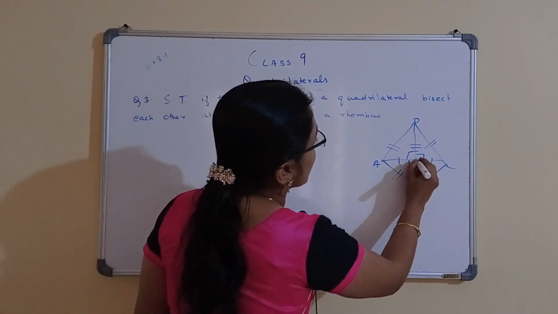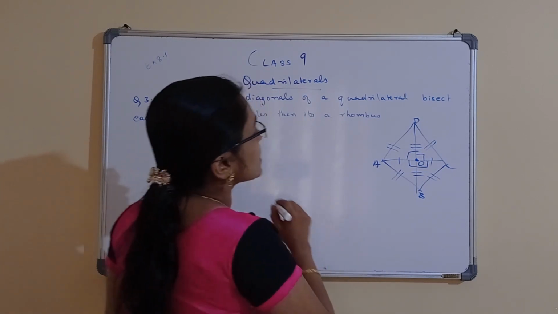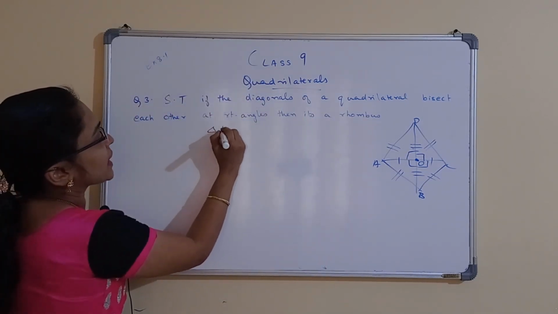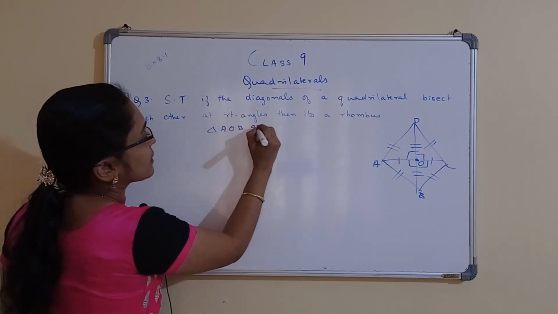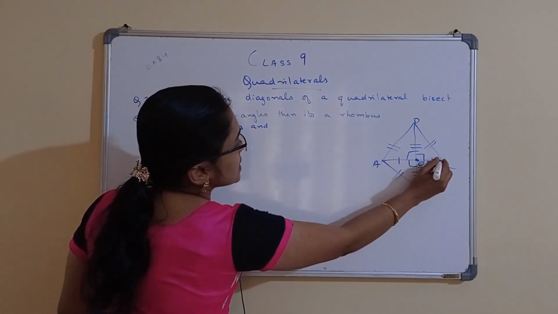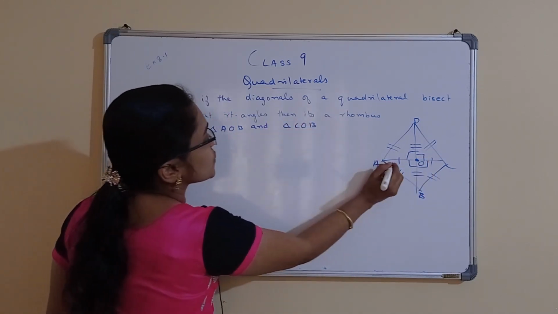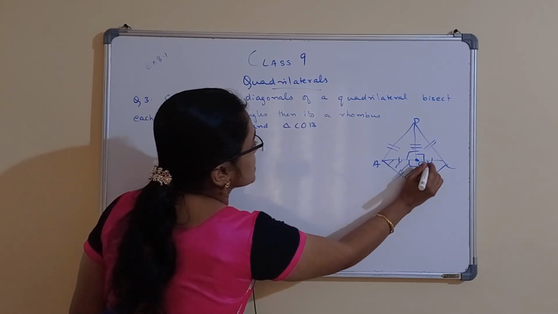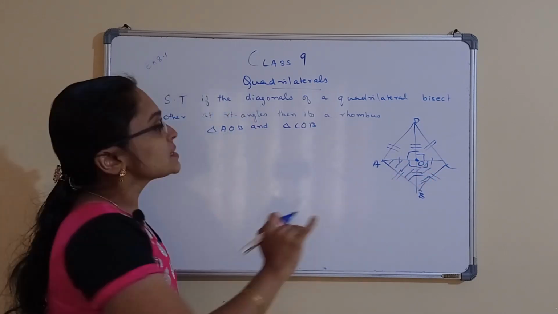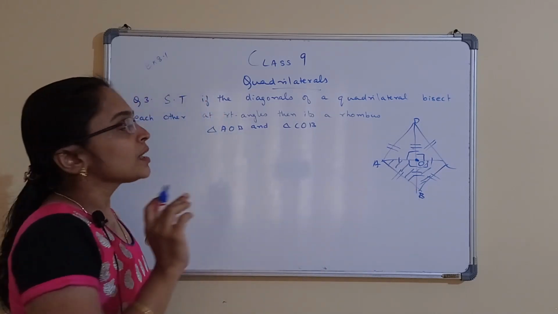So we have named this center as O and take triangle AOB and triangle COB.